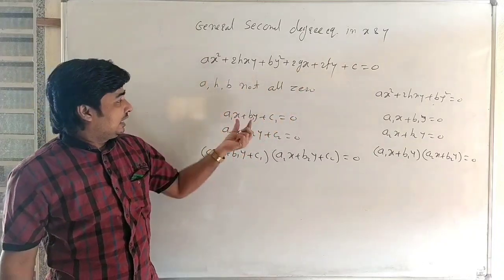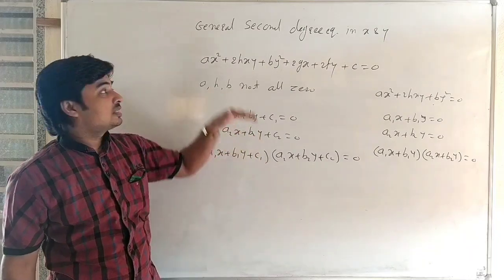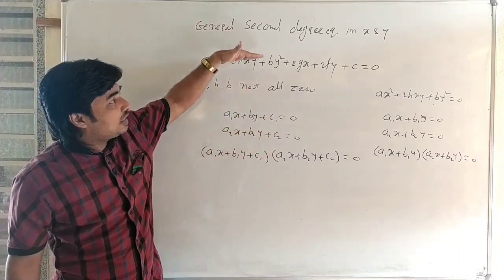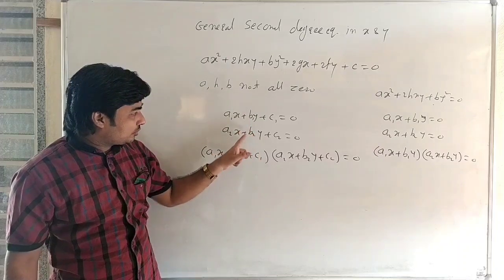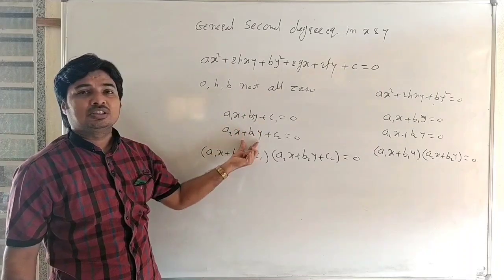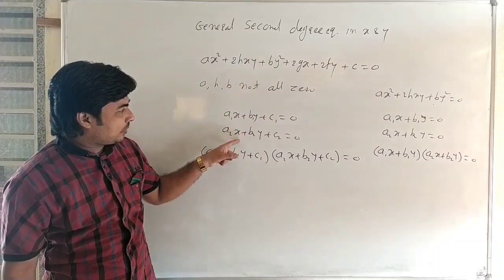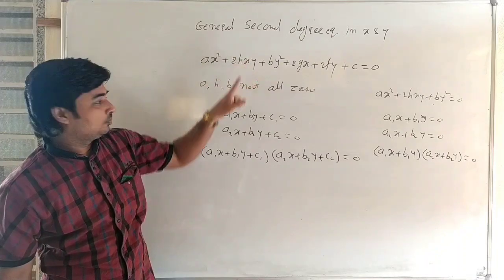The combined equation of any two lines represents the general second degree equation, and the combined equation of lines passing through origin represents the second degree homogeneous equation.